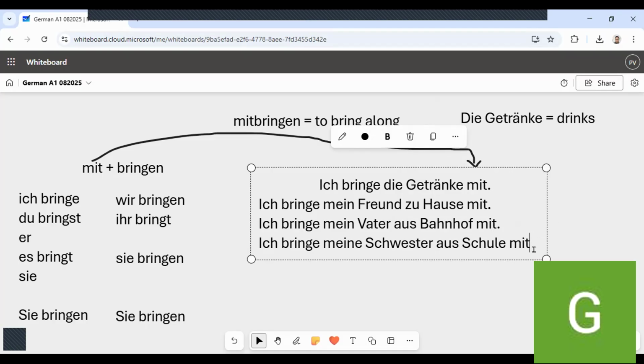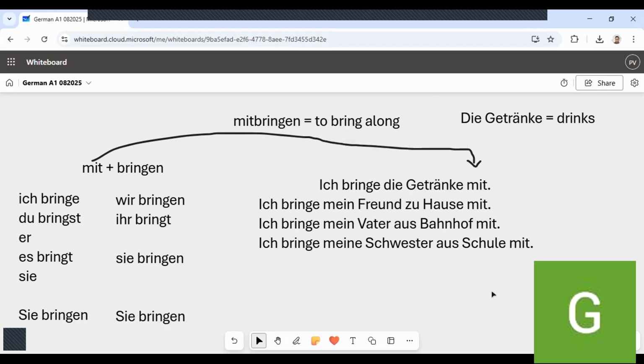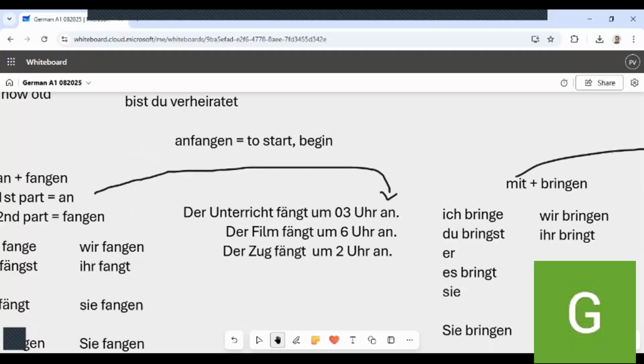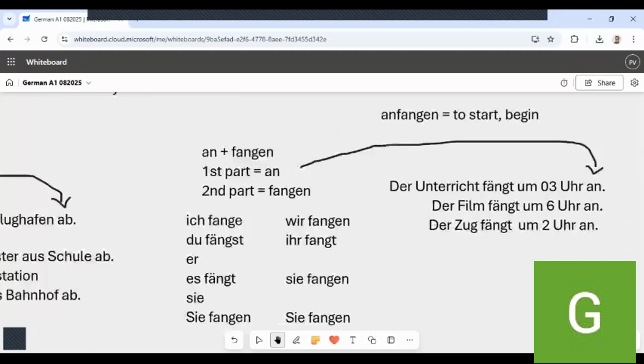She is also coming with me. Okay. So this was another verb with Trennbar. This was the second verb.